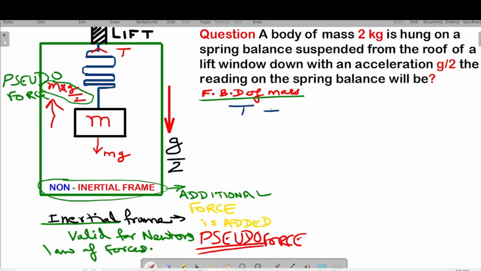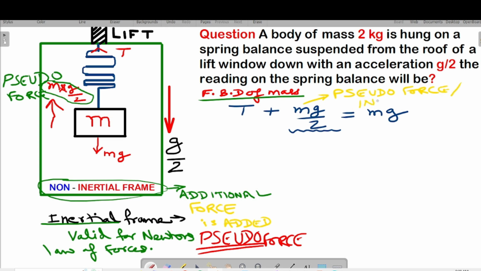Now, as per the free body diagram of the mass, T and m a, that is m into g by 2, will be acting upward, and this will be equal to the total force acting downward, which will be mg, right? This I am again mentioning that m into g by 2, that is m into a, is an additional force which is acting in a reverse direction, right?